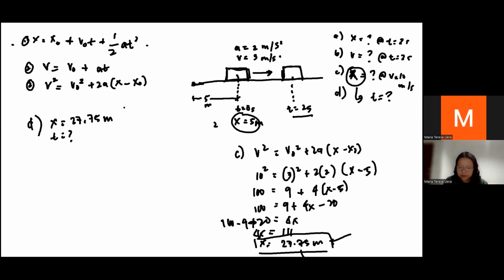Okay, so again, we're going to look at our three available formulas and determine which formula is best to solve this problem. So let's look at the first equation first. So we're looking for t.